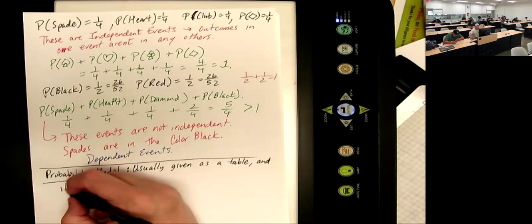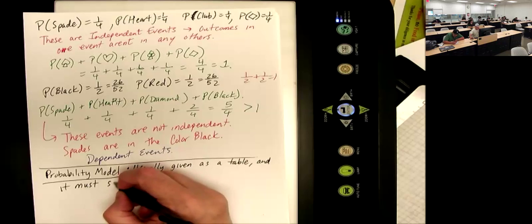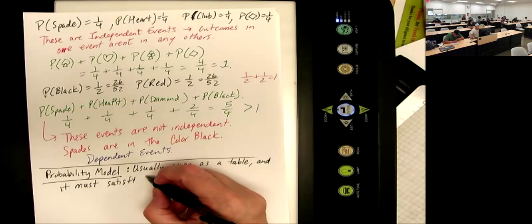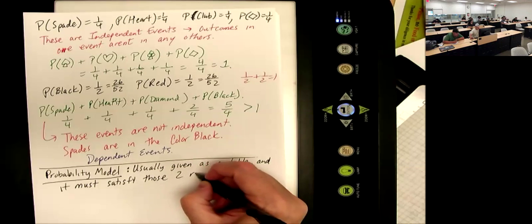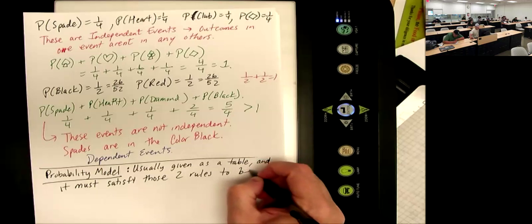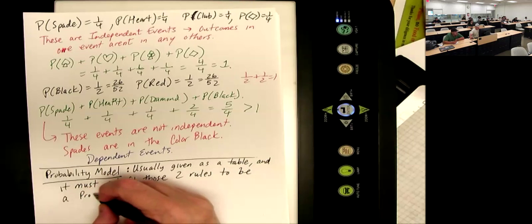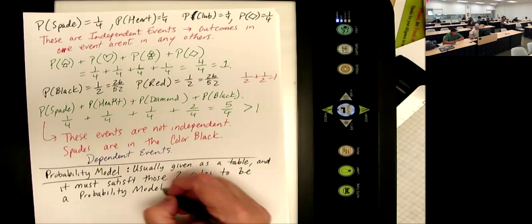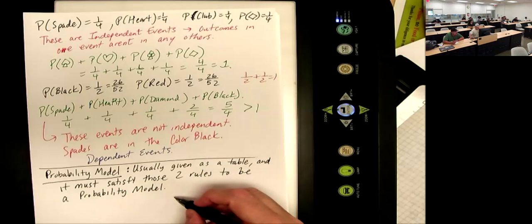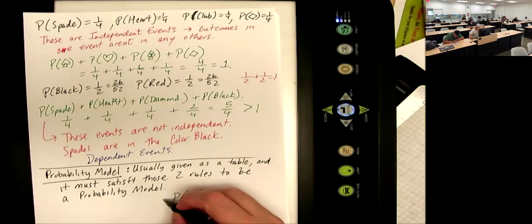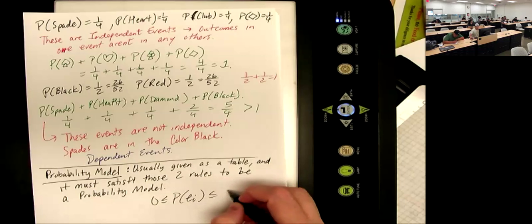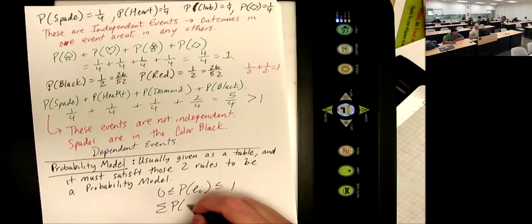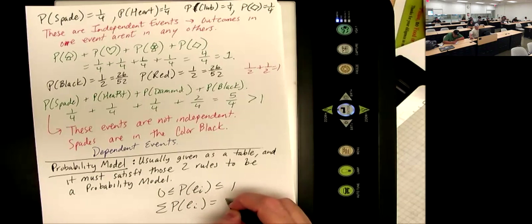And it must satisfy those two criteria, those two rules, to be a probability model. Probability of any event is between 0 and 1. And if we add up all the individual outcomes, the probability should equal 1.